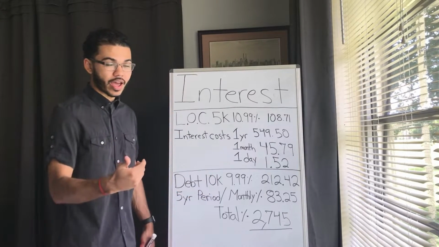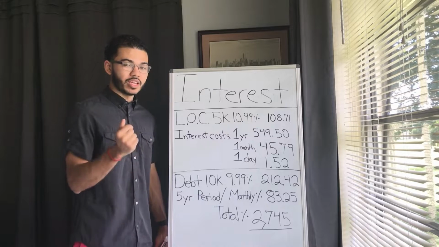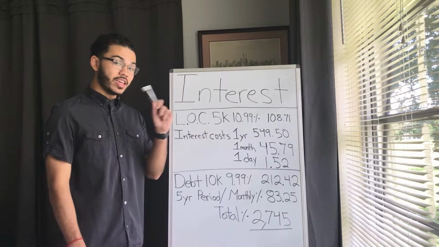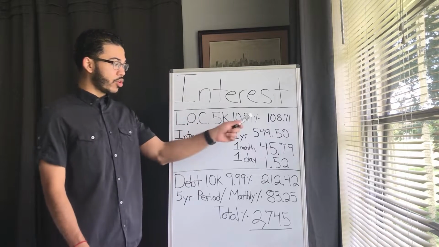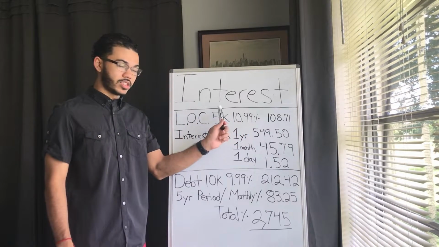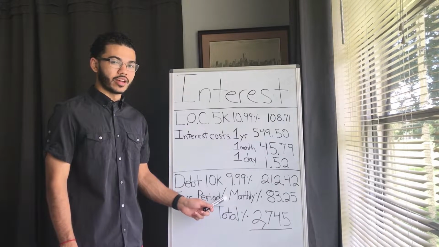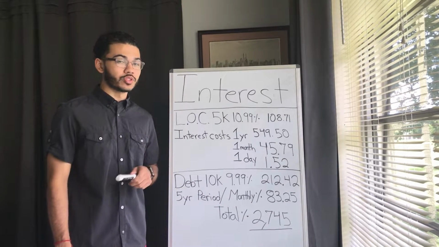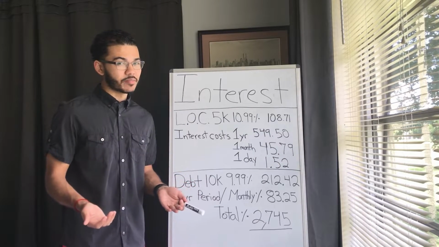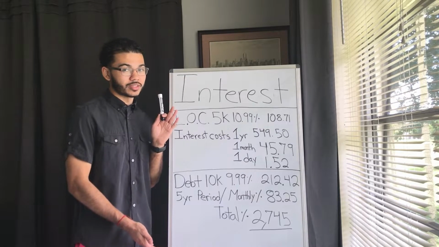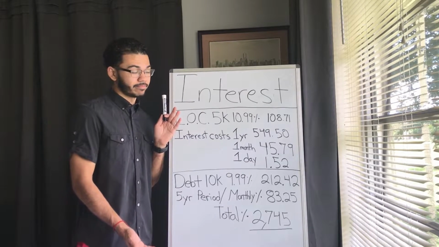Now, what would happen immediately when I take out $5,000 out of this line of credit? Immediately, I'm going to start paying interest on this debt, as well as I'm already paying interest on this debt. And this is where it can get a little confusing, where, well, how does that make sense, man? Right? Now I'm paying interest in two places, right?